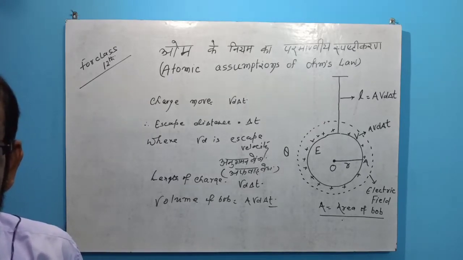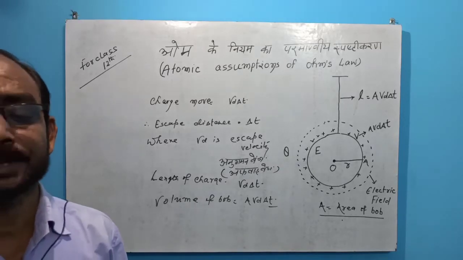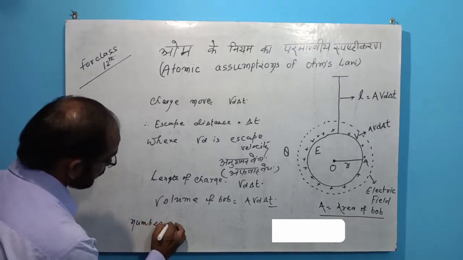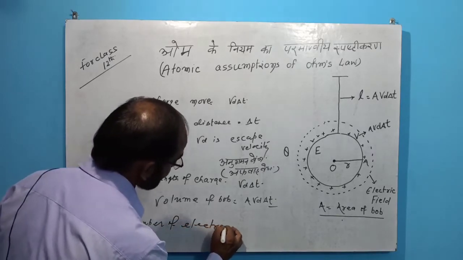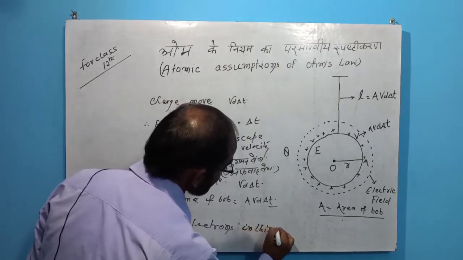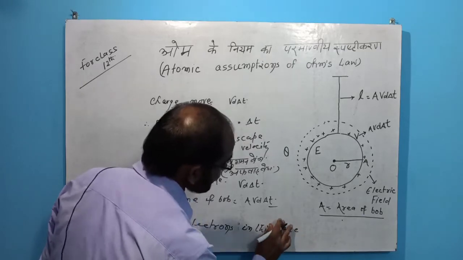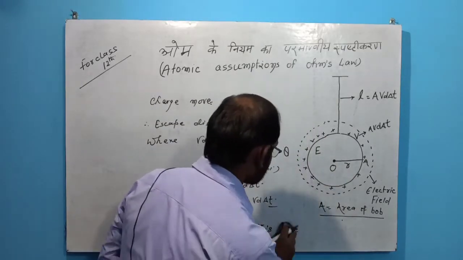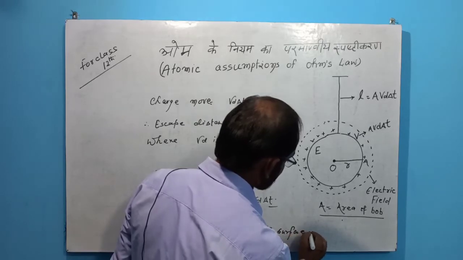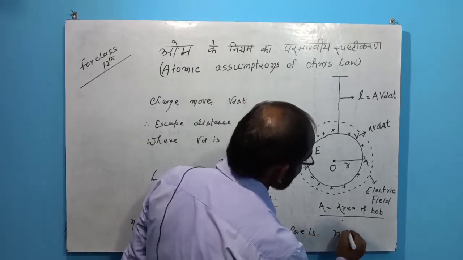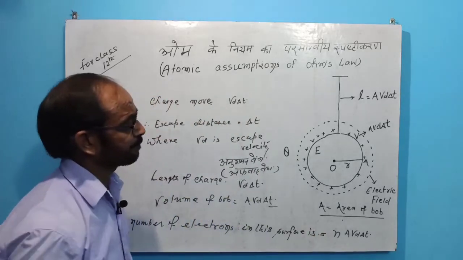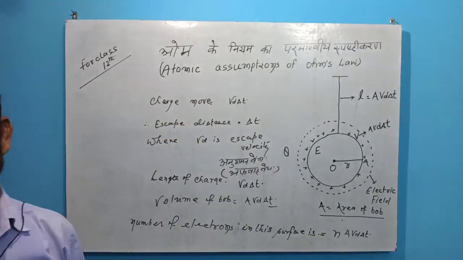Hence, the number of electrons in this surface is n A Vd del t, that is the number of electrons in the surface of the bulb.